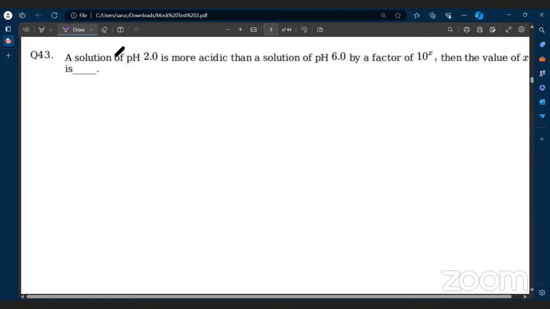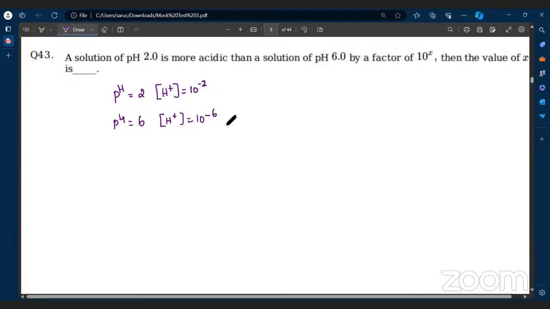Here I'll just write the concentration of H plus. pH is equal to 2, it means the concentration of H plus is 10 power minus 2. If pH is equal to 6, the concentration of H plus is 10 power minus 6.